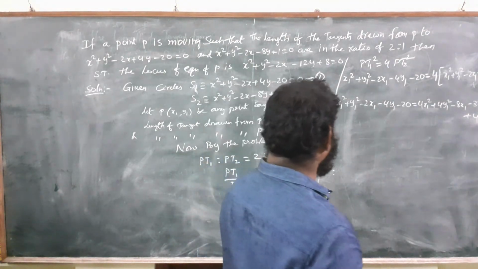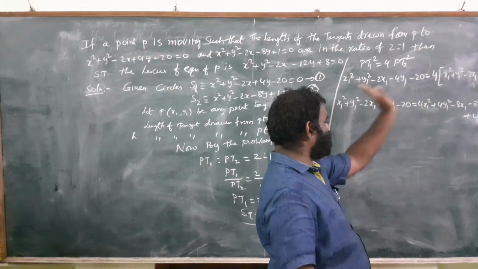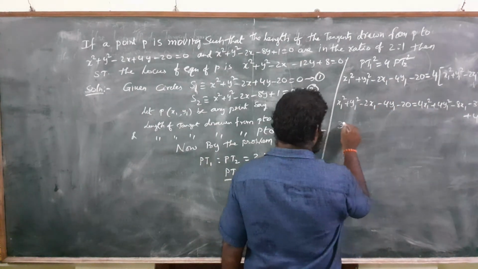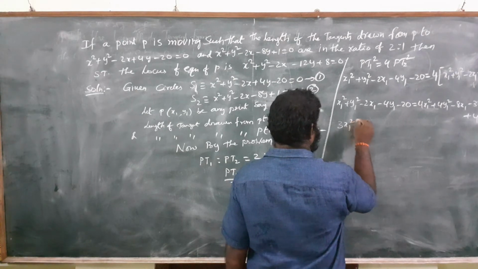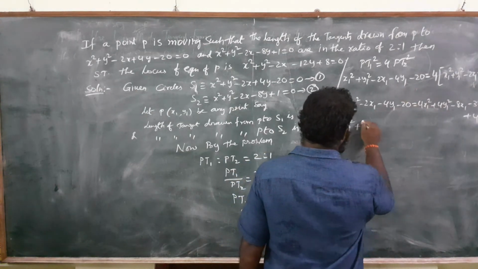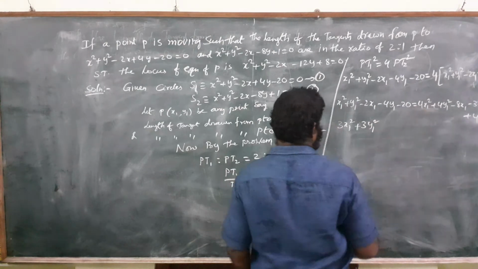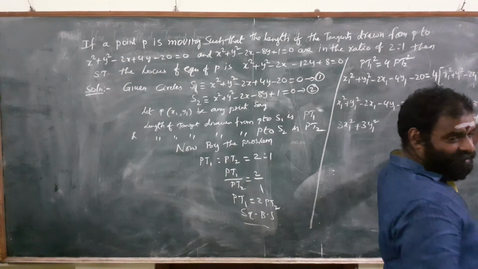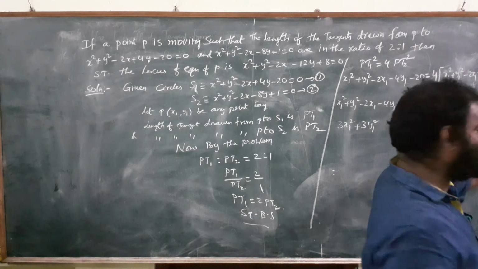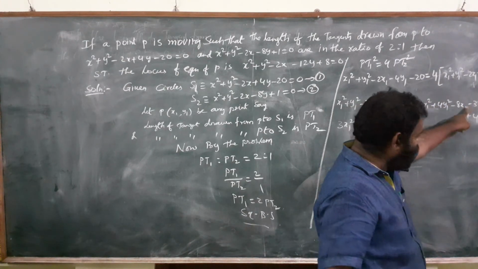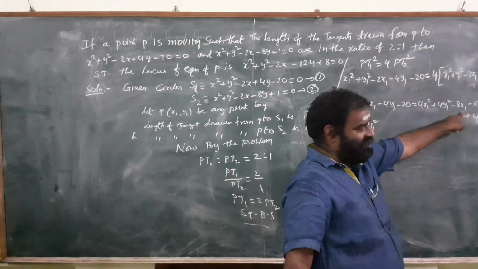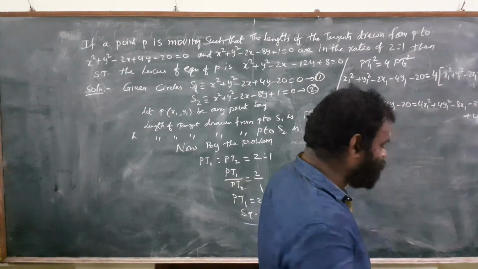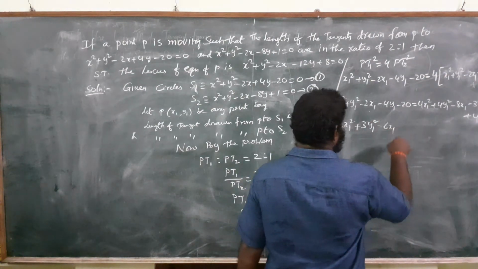Now you bring these values to that side, then what will happen? 4x1 square minus x1 square is 3x1 square, plus y1 square, so 3y1 square. Here it is minus 2x1, we send this to this side, so minus 8x1 plus 2x1 is minus 6x1.